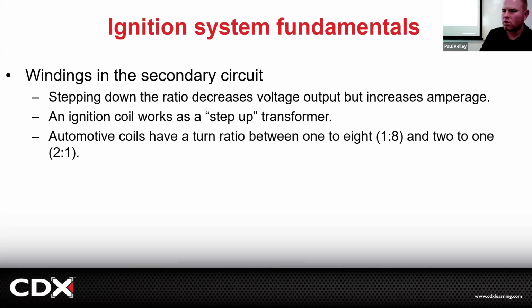But as we get in a little further, when we start trying to run boost and higher compression, some high performance applications, it makes it harder for the spark to jump the gap. So to make the spark jump the gap, we may need higher voltage. That would be a good application for that MSD super high powered ignition. But if it's stock, no.